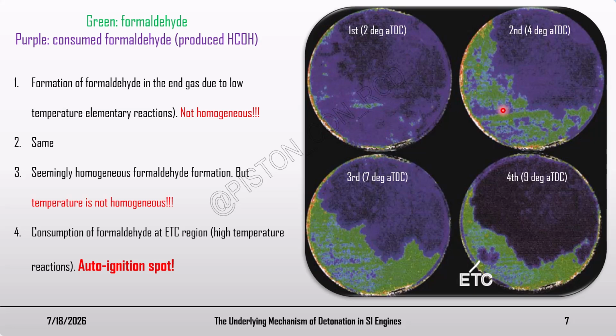And in the third picture, we have seemingly homogeneous formaldehyde formation. But the important thing to know is that temperature is not homogeneous here. For example, probably this part's temperature is higher compared to this part.